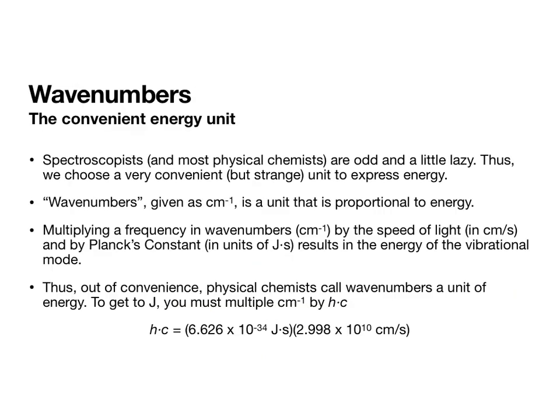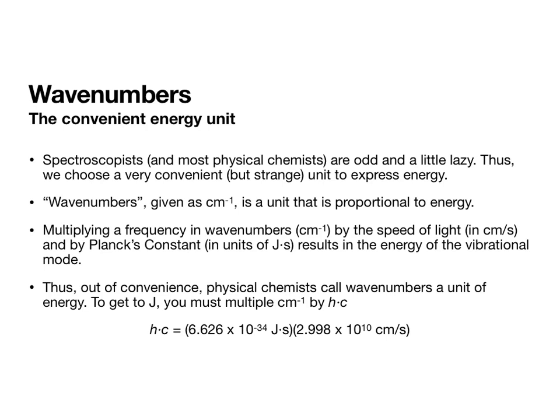Okay, so I've been using this wave numbers thing. It is a convenient energy unit. Really, spectroscopists mostly, but also a lot of physical chemists, were odd and probably a little lazy. So because of this, we choose a very convenient but strange unit to express energy.